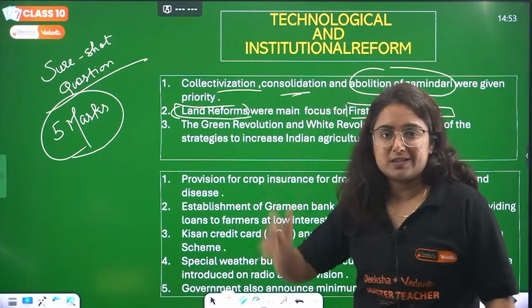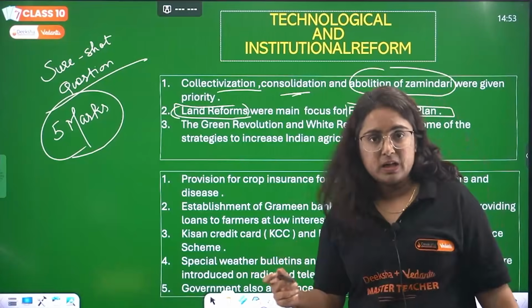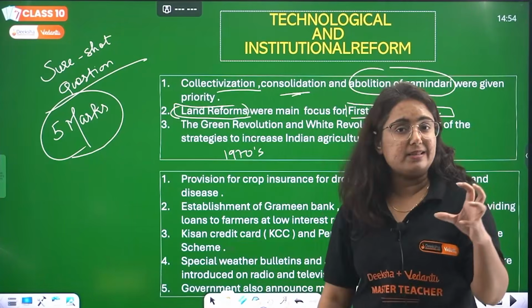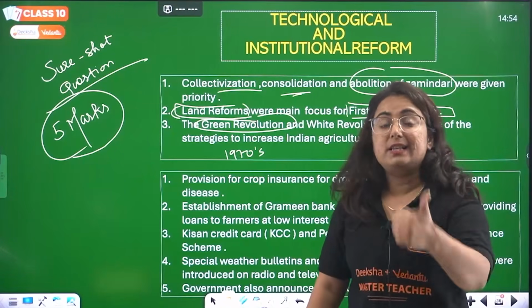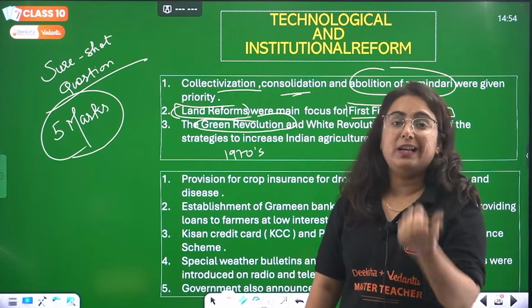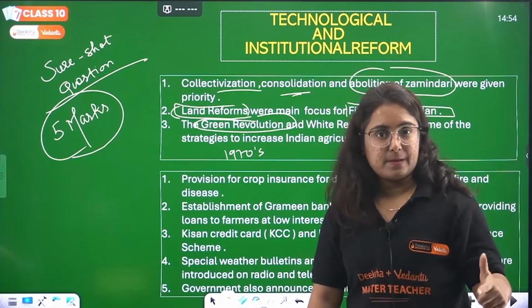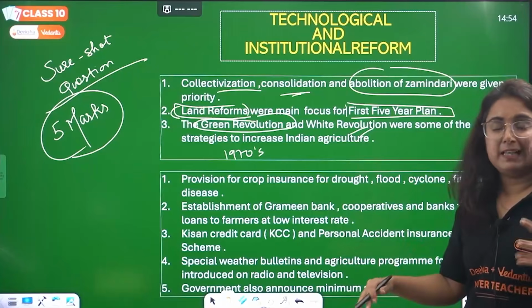So abolition of the zamindari system, and a lot more reforms were required. Along with that, particularly in the 1970s, India introduced the green revolution. What is the green revolution? The revolution to increase the production of food grains, particularly wheat and rice. Then there was the white revolution to increase the production of milk in India.